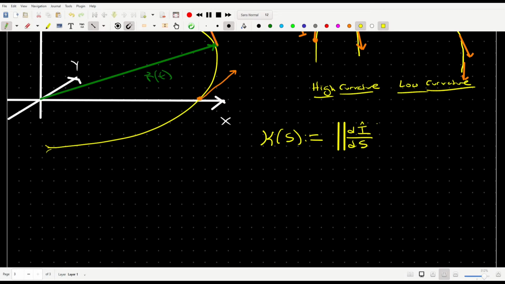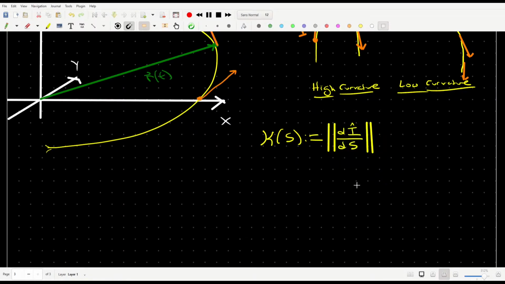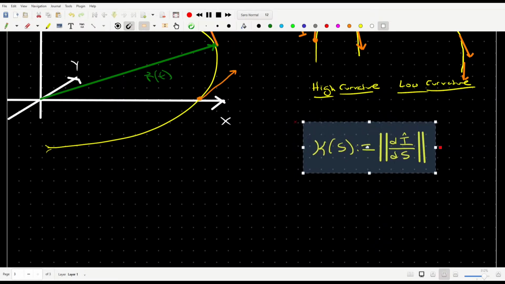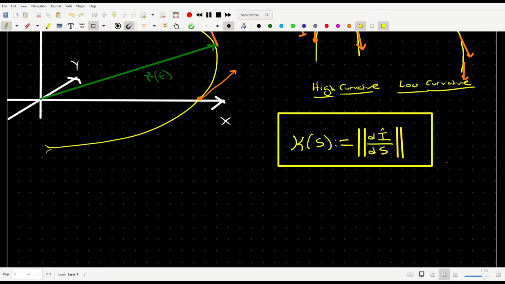No matter what parameterization you choose, you can always parameterize the curves via arc length. So it makes a lot more sense to use this instead of a general parameter. It's also much nicer. This formula is much nicer. However, you do have to be careful, as we'll see, when converting from the curvature in terms of arc length to curvature as a function of t.